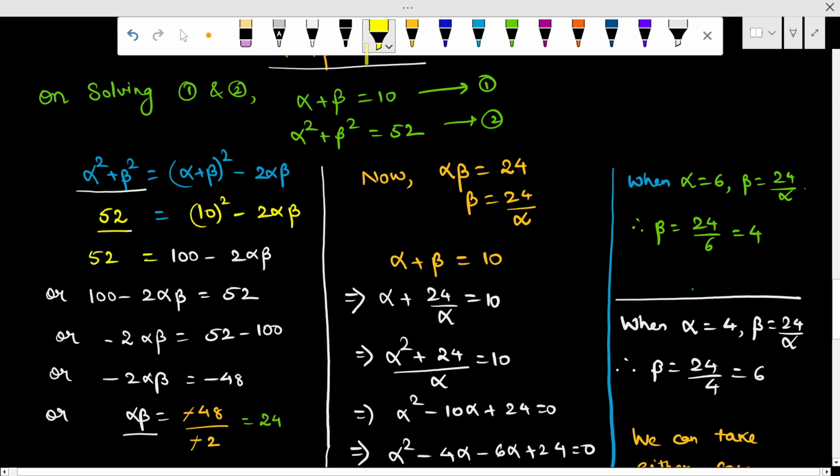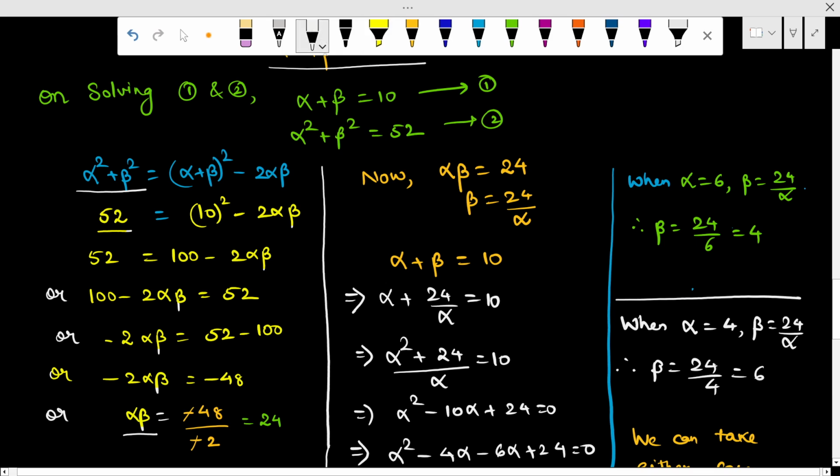Then 52 equals 100 minus 2 alpha beta, or minus 2 alpha beta is 52 minus 100, 100 goes to the RHS and becomes minus 100, which gives minus 48. Minus minus cancels out, and the value of alpha beta is 24.